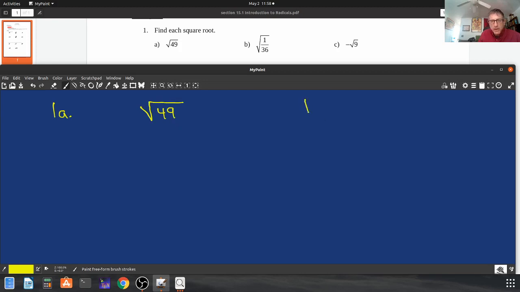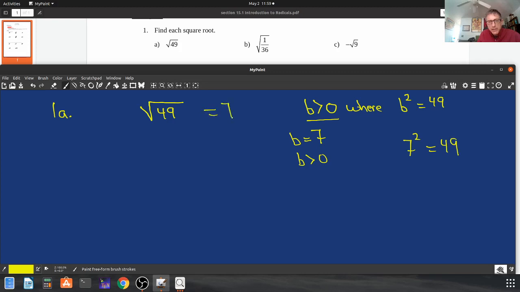So we're looking for a number b where b squared is equal to 49, and of course, b is going to be greater than 0 because we're looking for the positive square root. So if I let b be equal to 7, then b is greater than 0, and b squared is 7 squared, and that's equal to 49. So the square root of 49 is 7.